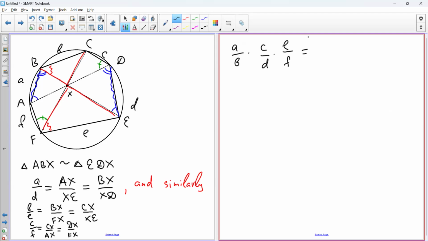And this we may reformulate as A over D times C over F times E over B, which would be exactly these three fractions.